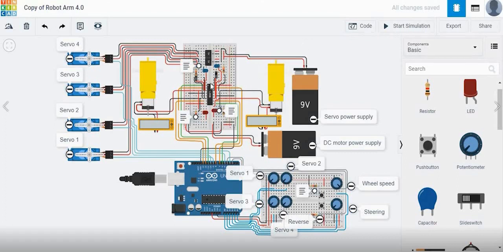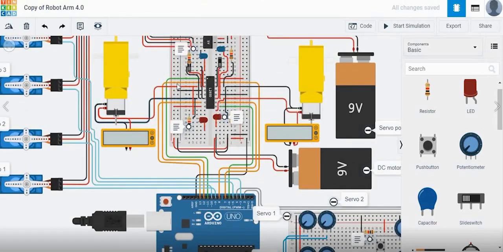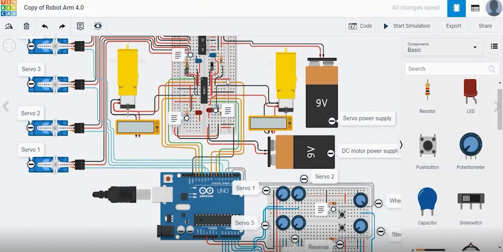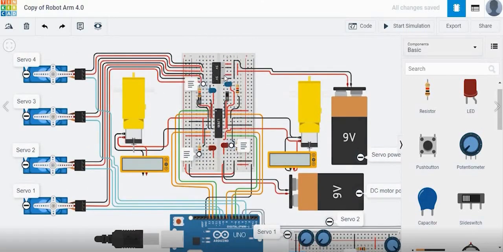Before that, I would like to introduce a few crucial components, which are the motor driver L293D, DC motor, servo motor, Arduino, and of course our 9V battery, and one more, the 5V voltage regulator.